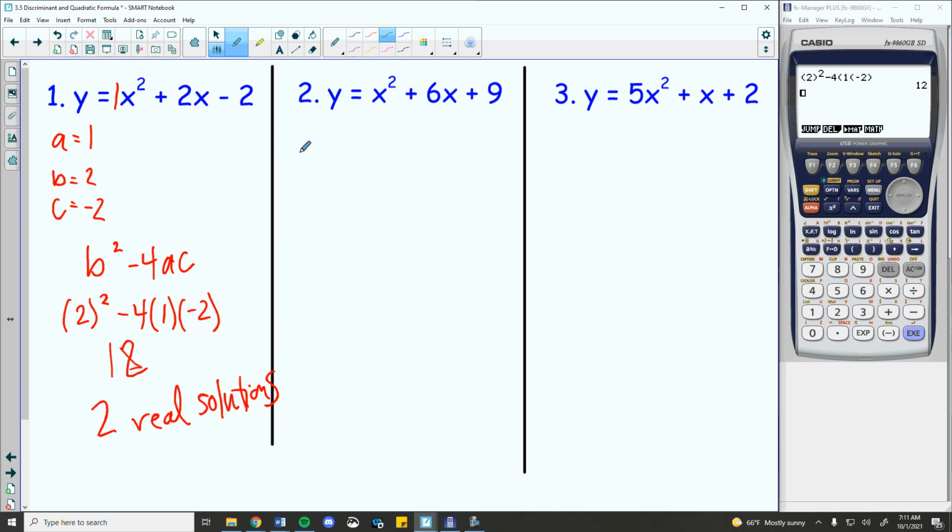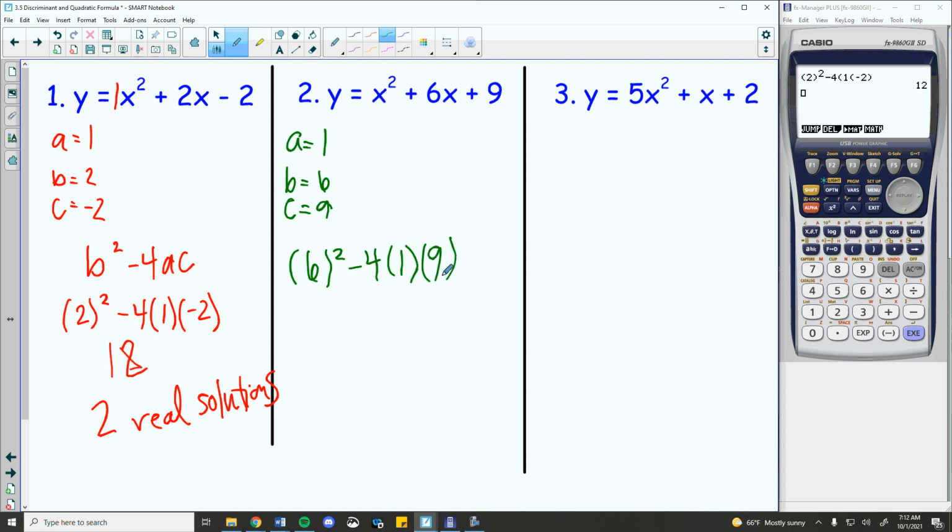All right, let's look at number 2. First thing again, label a, b, and c. A is 1, b is 6, c is 9, and we get that set up with our same formula. So I have b squared minus 4 times a times c.